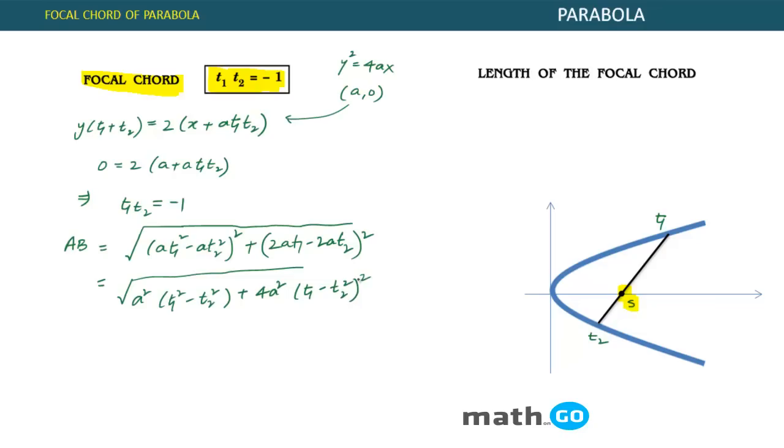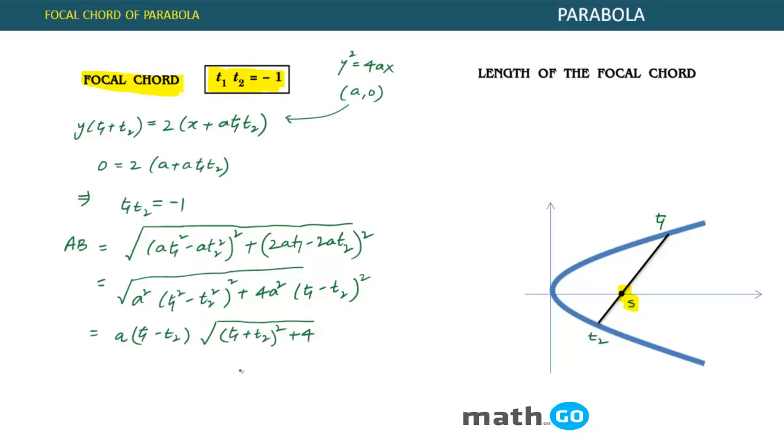What is getting common? You get a common. You also get (T1 - T2) common. So (T1 - T2) also comes outside. What is left inside is (T1 + T2)² + 4.